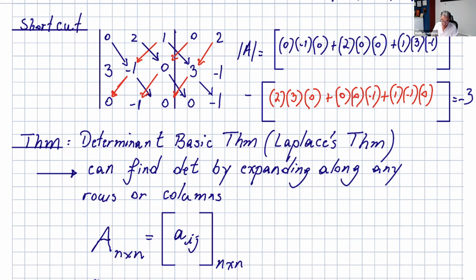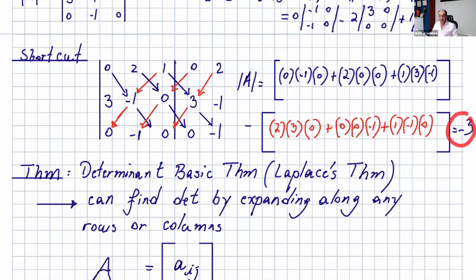So it's going to be 2 times 3 times 0, which is right here, plus 0 times -1 times that, which is right here, and plus 1 times -1 times 0, which is right here. And if you simplify this, the answer is going to be the same, which is -3.